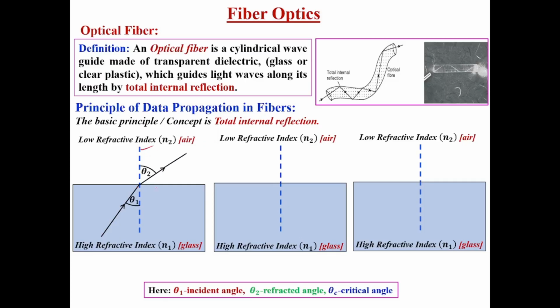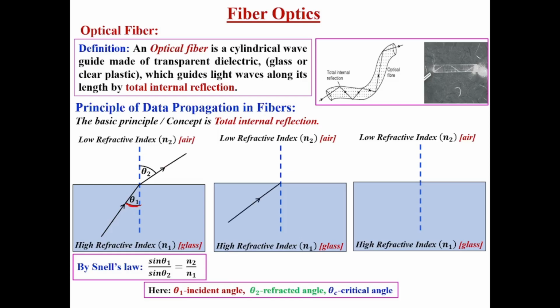This is the normal, and it moves away from the normal because this is the denser medium and this is the rarer medium. If I apply Snell's law here, sin theta 1 by sin theta 2 equals n2 by n1. Now I am going to increase this angle theta 1.